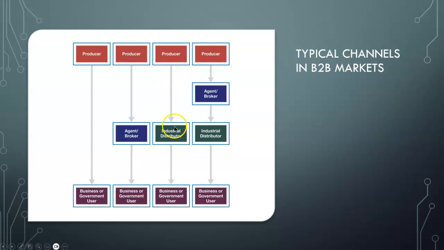Then you have your indirect channels right here. Or you can have a warehouse producer to the warehouse industrial distributor and then to the consumer. Or you can have the agent and the warehouse and then to the consumer.